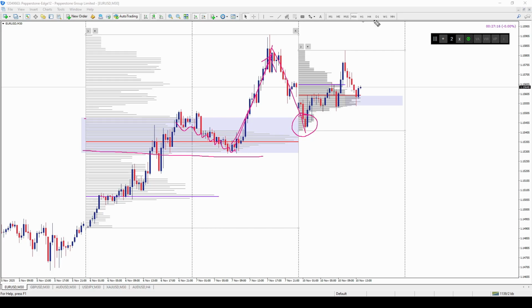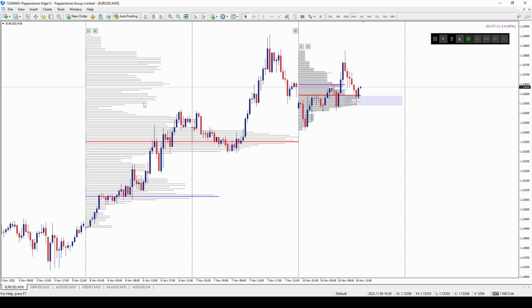So here of course we have a position. Let me show you. So in here we can see, you can use the fair value gap strategy if you want. So here is the candle, here is the fair value gap, and so our order block in that area, in here.